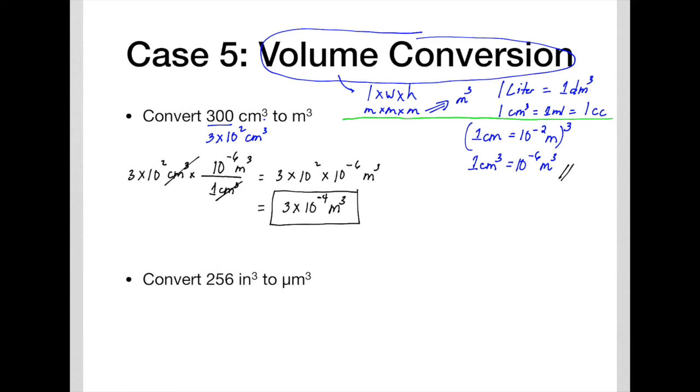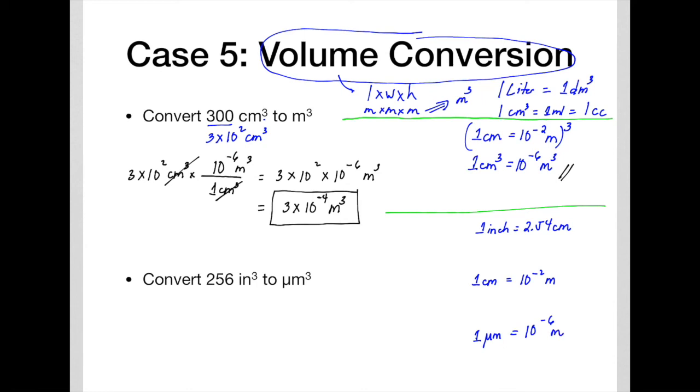The conversion factor for this is simply one inch, that is 2.54 centimeter, and for every 1 centimeter, that is equal to 10 raised to negative 2 meter, and the other one, for every 1 micrometer, that is 10 raised to negative 6 meter.